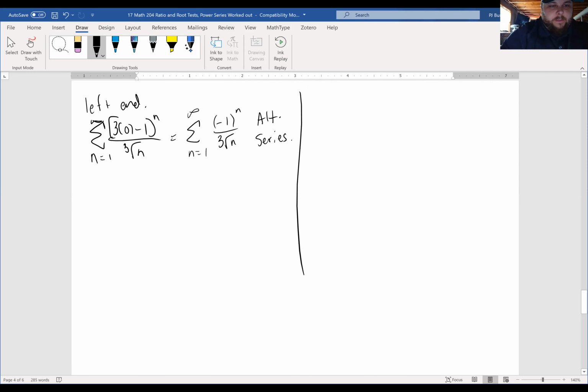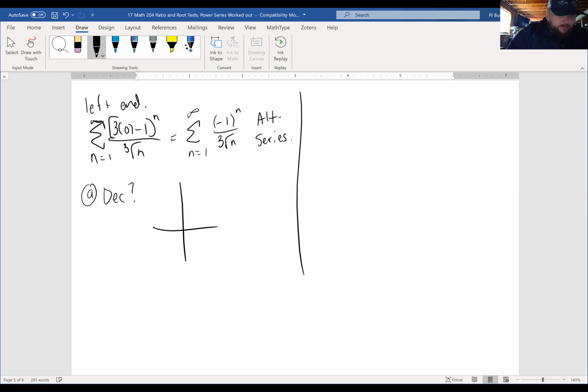And so I need to prove that it's decreasing. So I would plot the absolute value. So let me see what that would look like. Of course, I got to put it in the right form first. There we go.